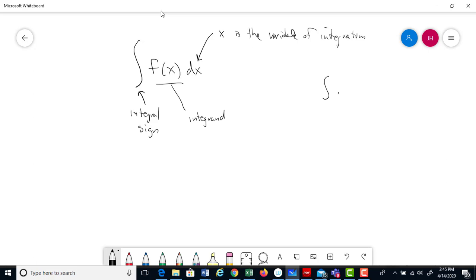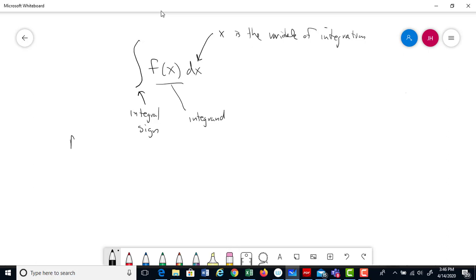So don't just do this. You can't just do that because that's not a thing. What am I integrating with respect to? Because if you're integrating with respect to t, there's no t's, so this is just itself. So we have to be careful. All right.